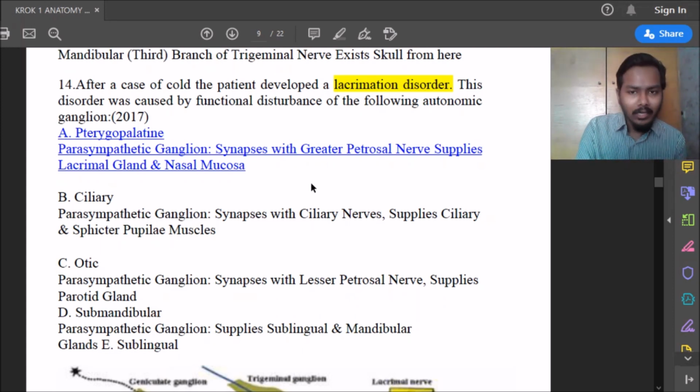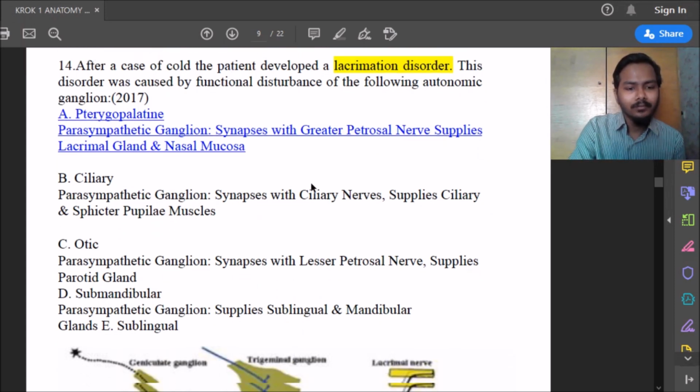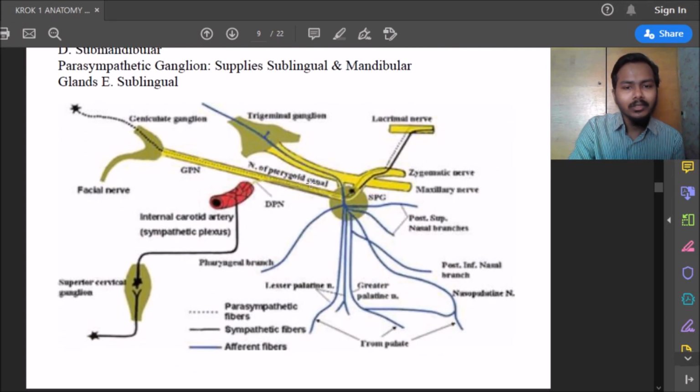So if there is a lacrimal disorder, there is damage to the parasympathetic ganglion, the pterygopalatine ganglion. You can see in the image, the pterygopalatine ganglion synapses with the petrosal nerve and innervates the lacrimal gland and nasal mucosa.